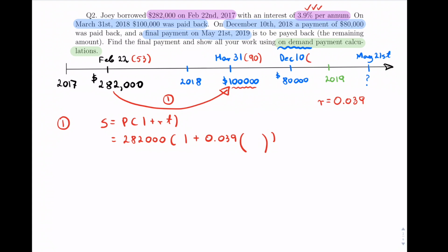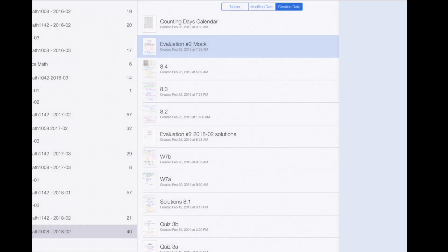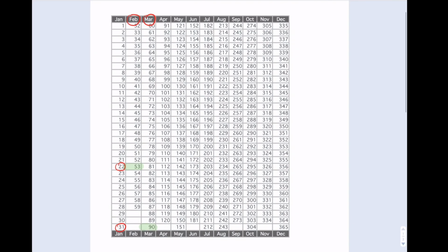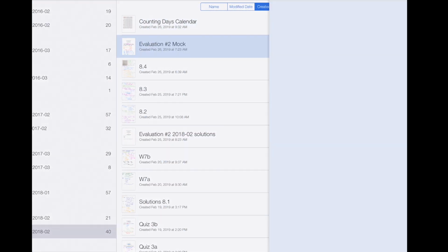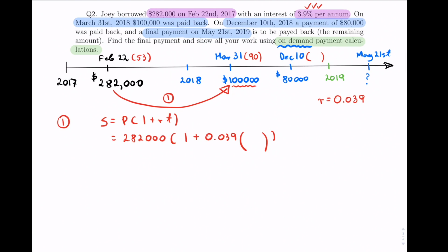December 10th. Let's check what that will be. December and 10th. So that is 344th day. So 344. And then May 21st.